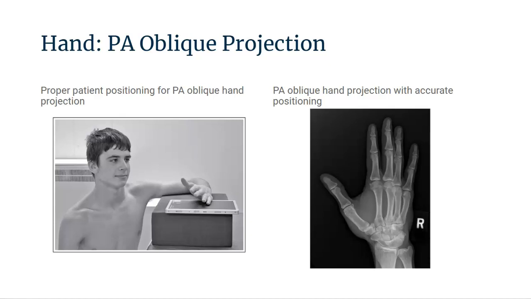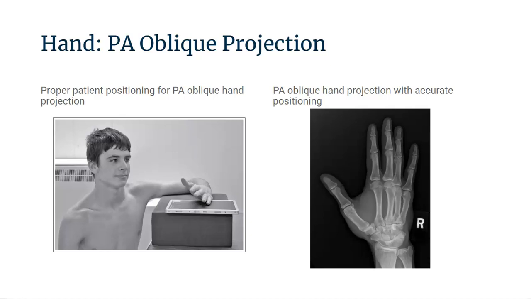Image analysis guidelines for the PA oblique projection state that each of the 2nd through 5th metacarpal midshafts demonstrate more concavity on one side than on the other. 1st and 2nd metacarpal heads are not superimposed.